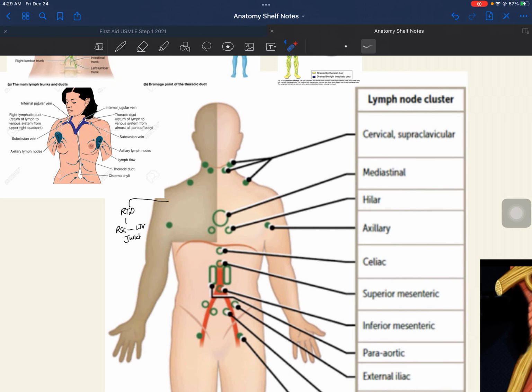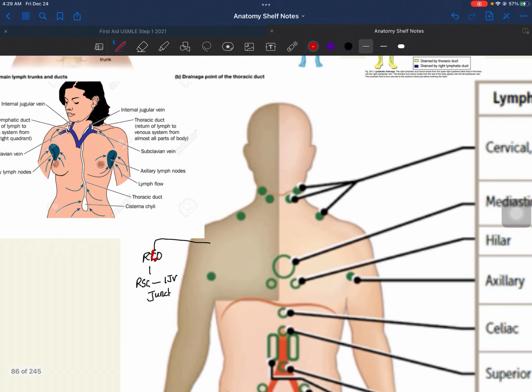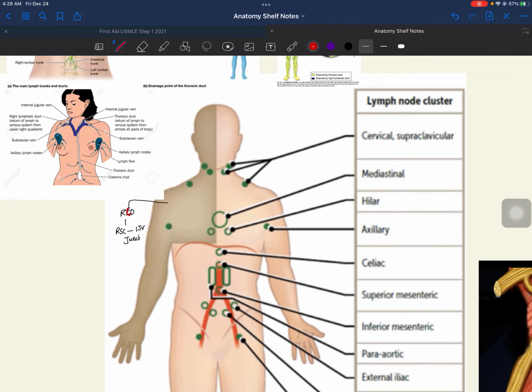I put the right thoracic, but it's the right lymphatic duct. This is the right lymphatic duct, and this is the thoracic duct, because there is a difference between the two. This is the thoracic duct on this side, and this is the right lymphatic duct.